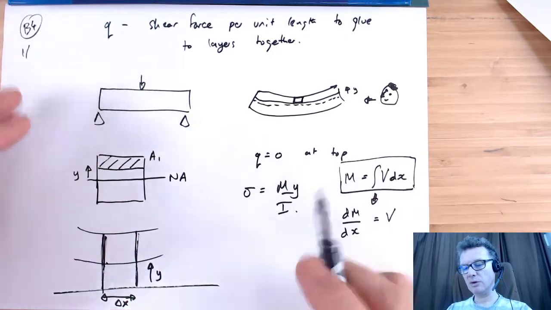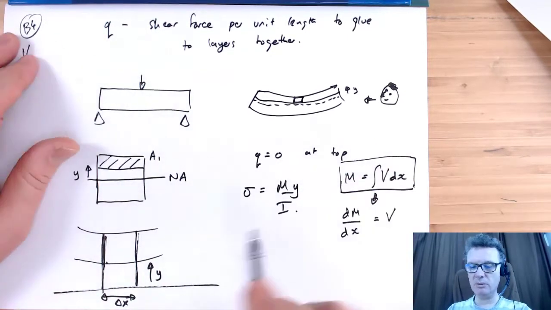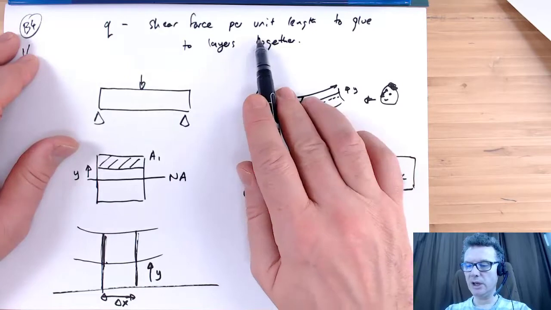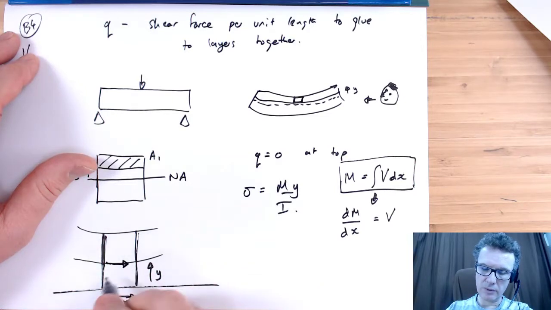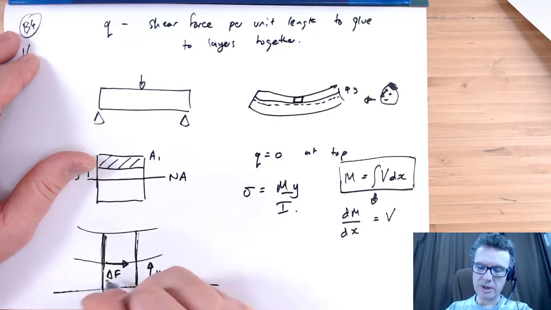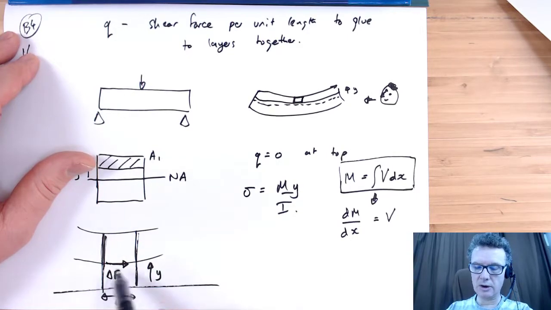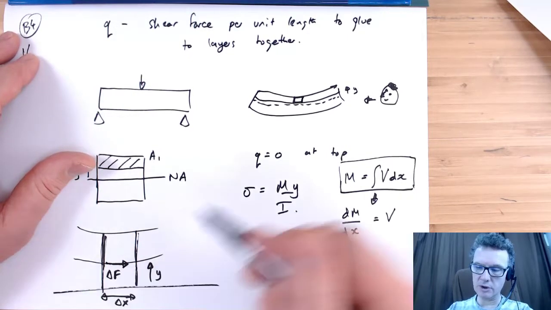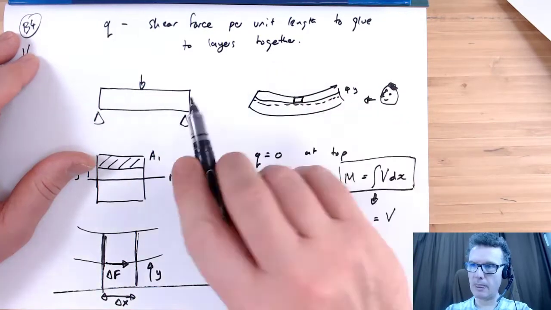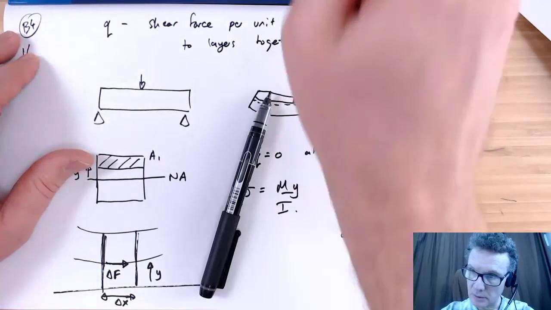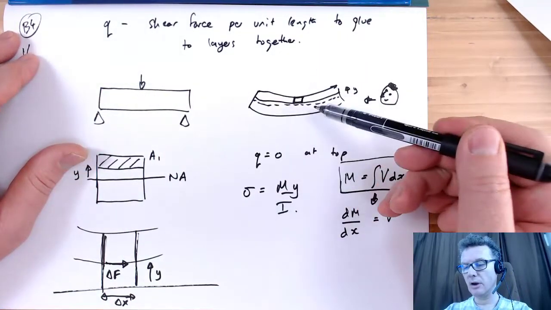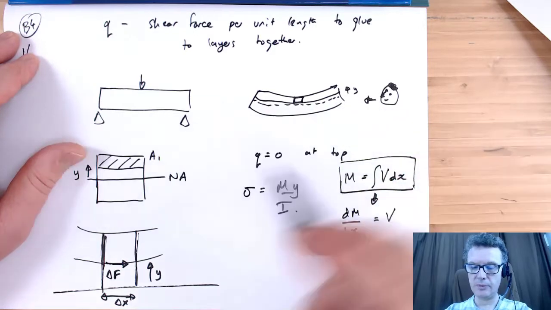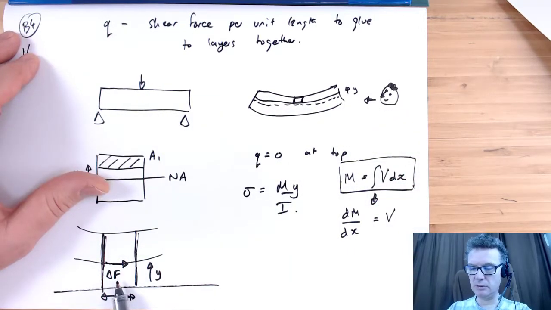Again, we're not too worried about the width of this beam. We're going to be working in per unit length. So I'm looking for the force that's acting, keeping the top section glued to the bottom section. So that's going to be my force there I'm looking for.